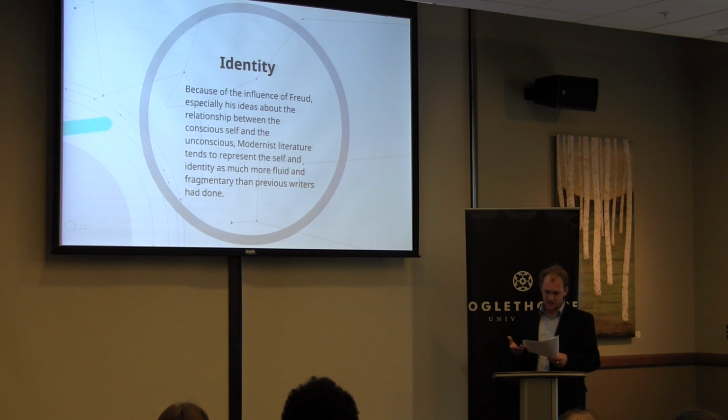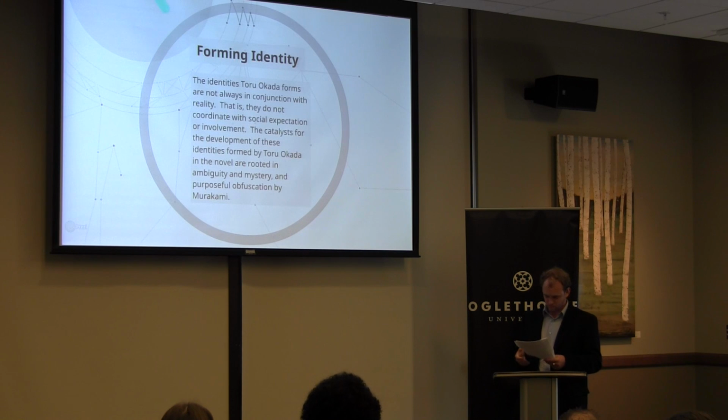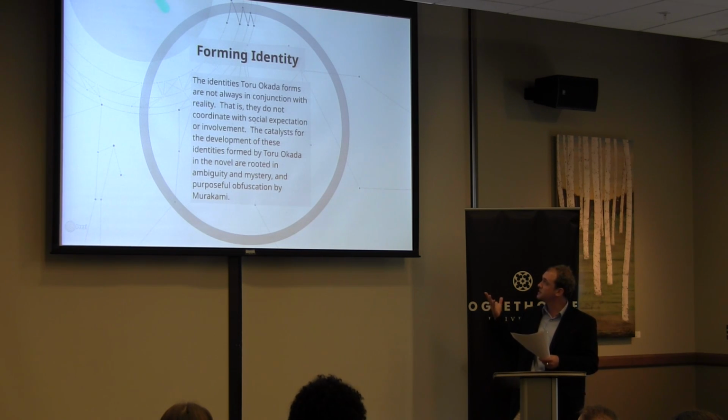For example, our protagonist, Toru Okada, in The Wind-Up Bird Chronicle, develops different identities throughout the novel. The identities Toru Okada forms are not always in conjunction with reality. That is, they do not coordinate with social expectation or involvement, much like the research I mentioned before. It's more with ideas.